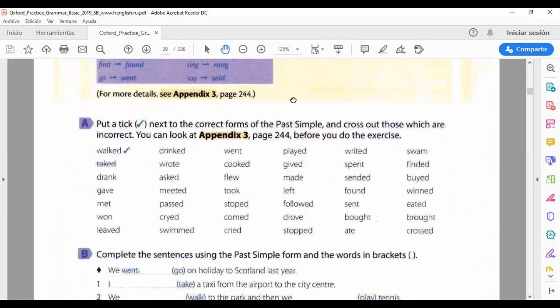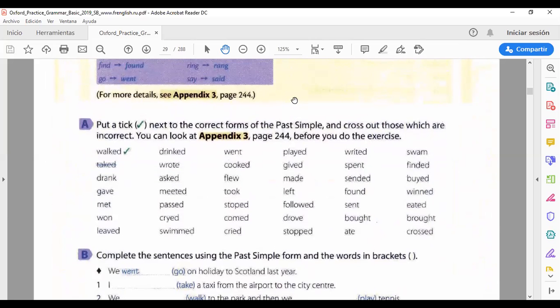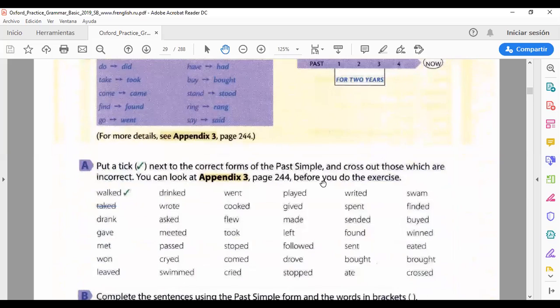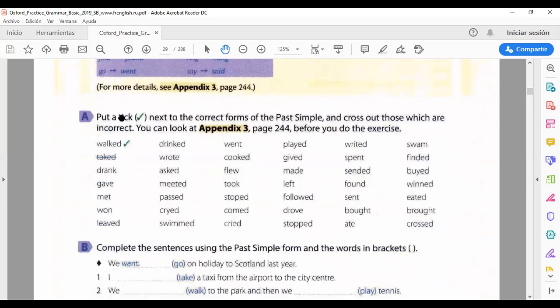Okay? Now, I want you guys to do this activity in your house. Okay? Right here. You need to put a check mark for the correct spelling. For example, what is correct? And in the case of top, this is incorrect. What is the correct form? Took, because it's an irregular verb.